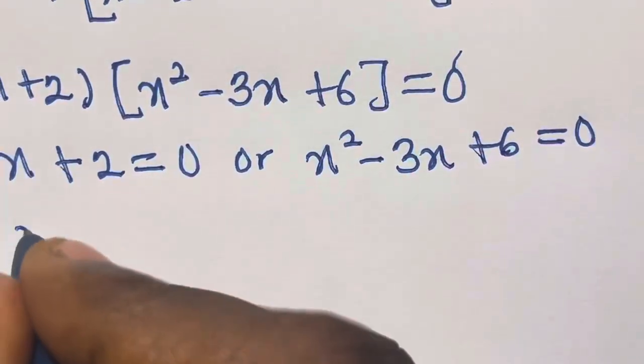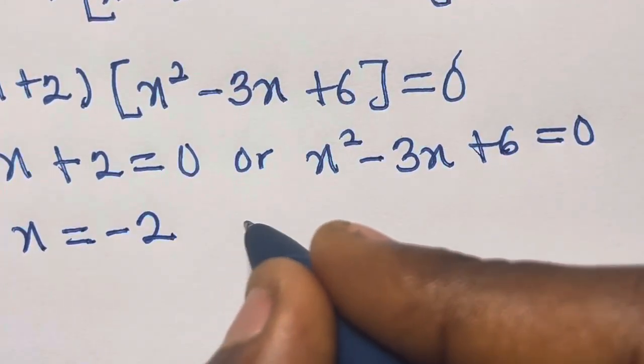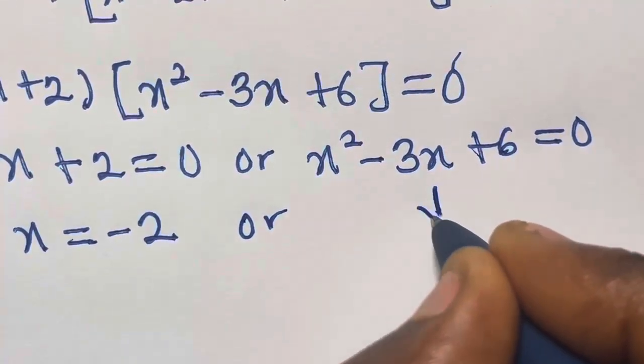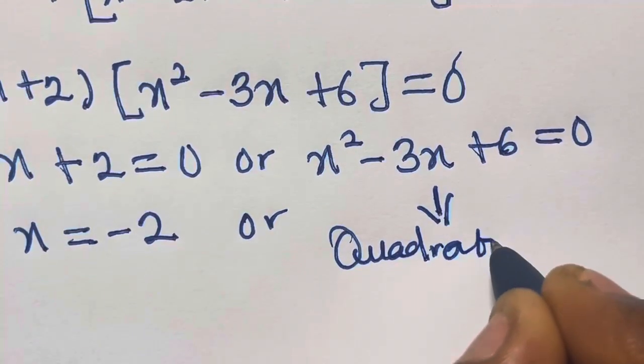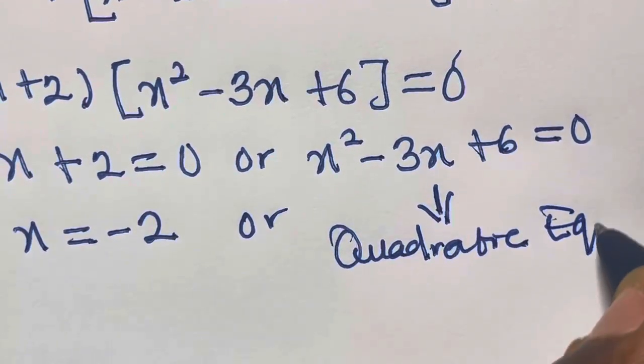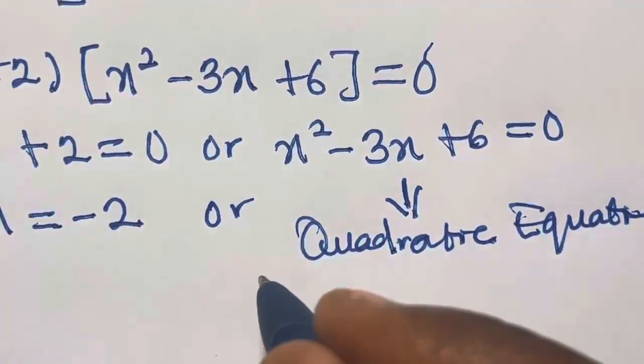So we have x equals minus 2. That's the first solution. Or here you observe that this is a quadratic equation, and to solve that we have to use the quadratic formula.